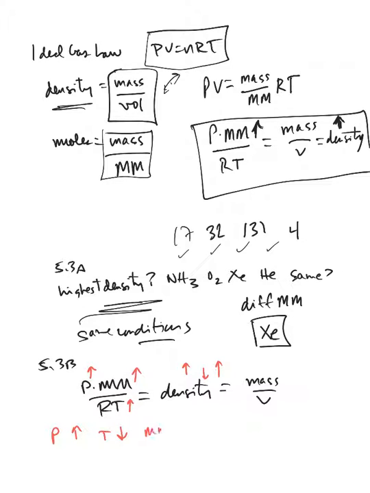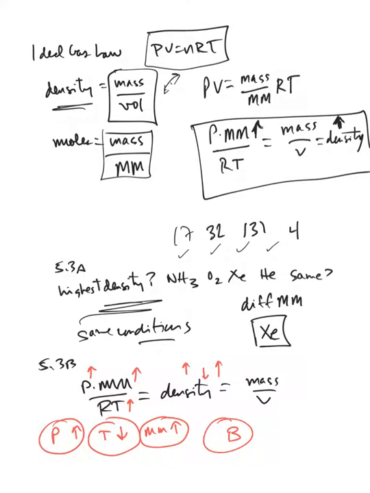And according to this problem set, it looks like B is the correct answer. So directly related is pressure and molar mass, and temperature is inversely proportional. When it goes up, the density goes down.